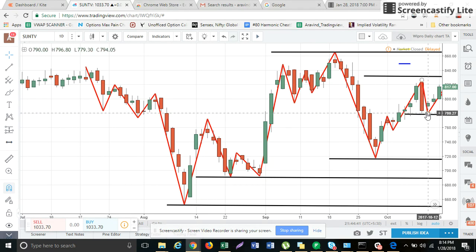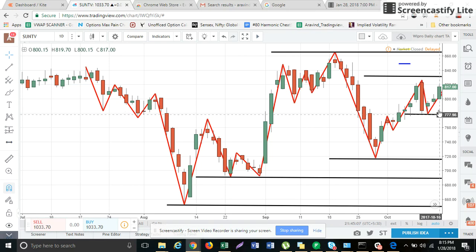And you can see here on 12th of October, it made the swing low, which is acting as a support around 779 levels, and which is again making higher tops.